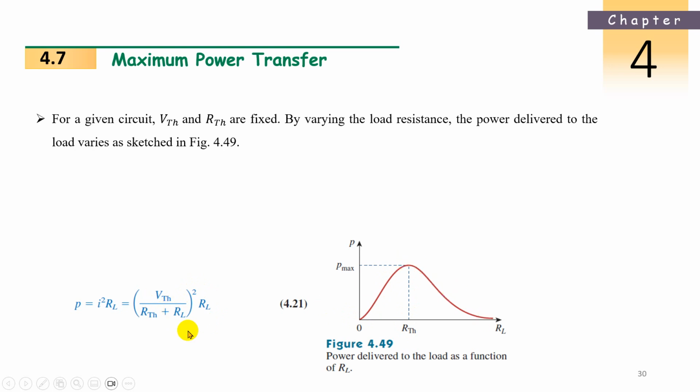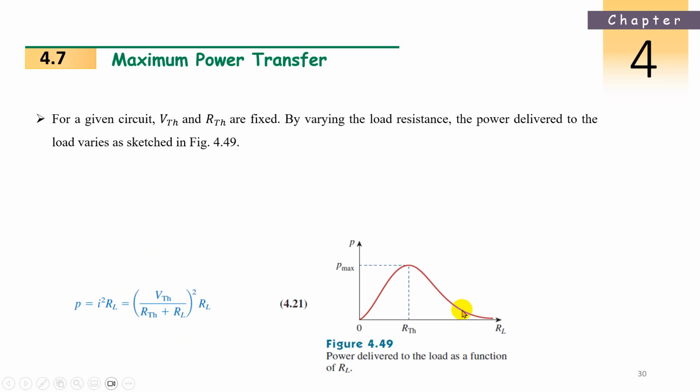If you want, you can take some 5 or 6 step values of RL, one equal to R Thevenin's, one less than R Thevenin's, and another greater than R Thevenin's. See the power calculation. It will be maximum when R Thevenin's is equal to RL.